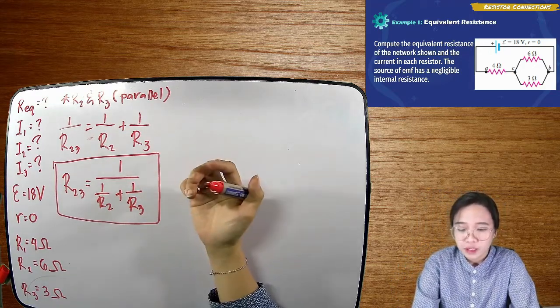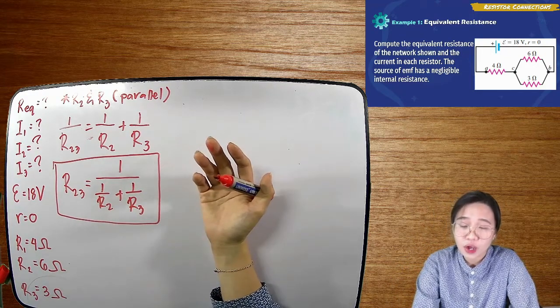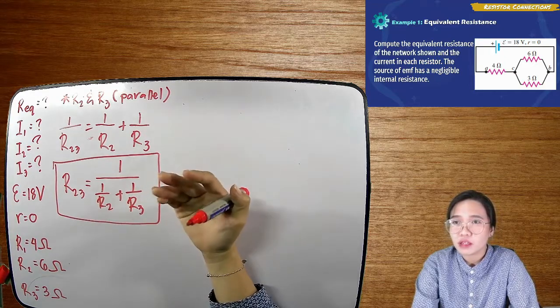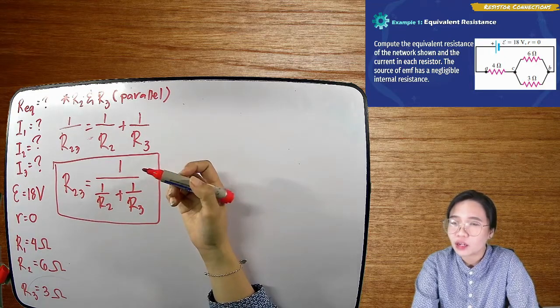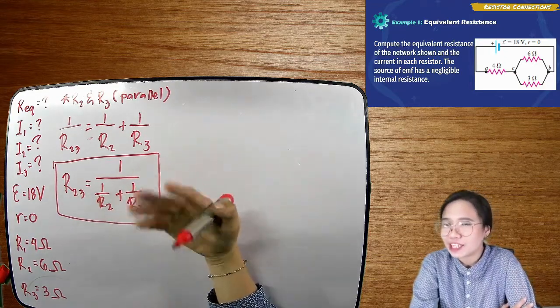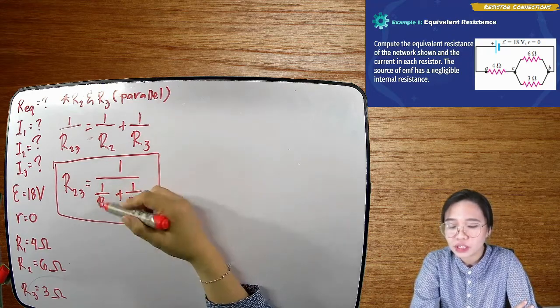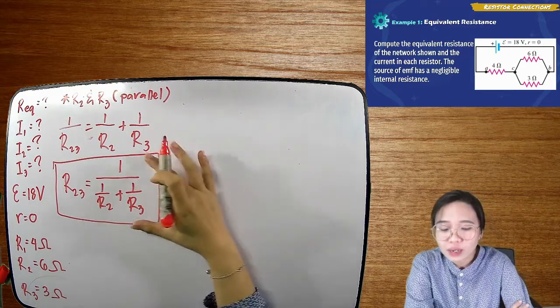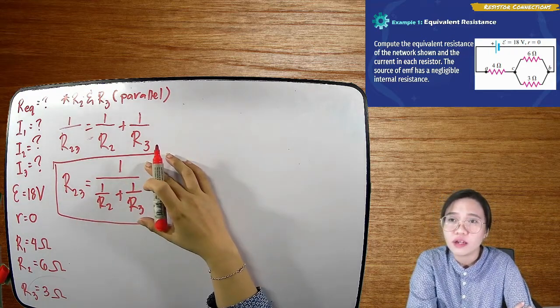But it's up to you how you will solve it. For me, so that I will not forget that it still needs to be divided by 1, this is what I do. Whatever my answer is here becomes the final answer.